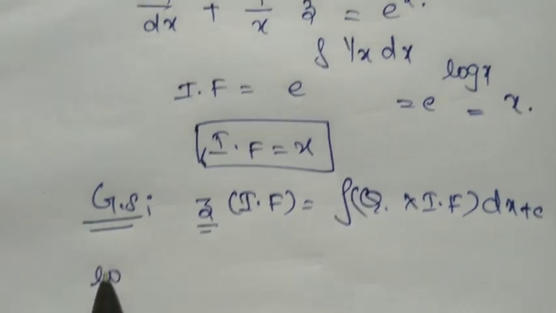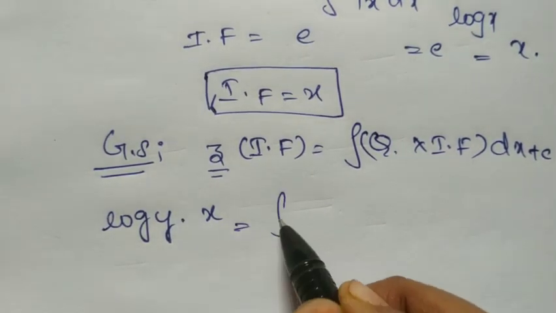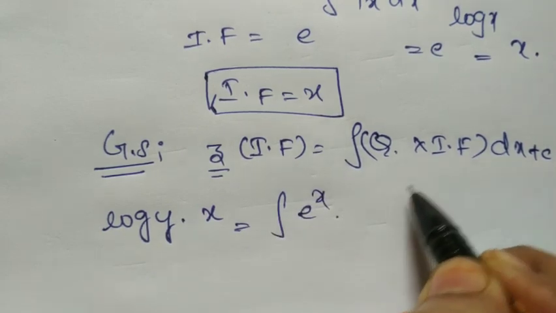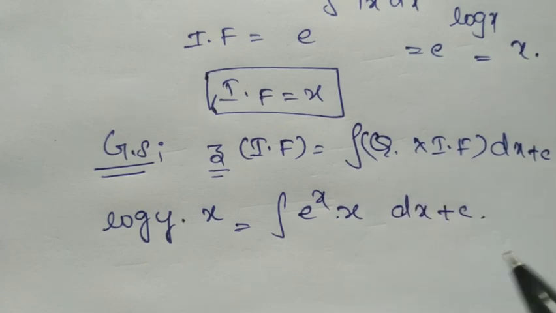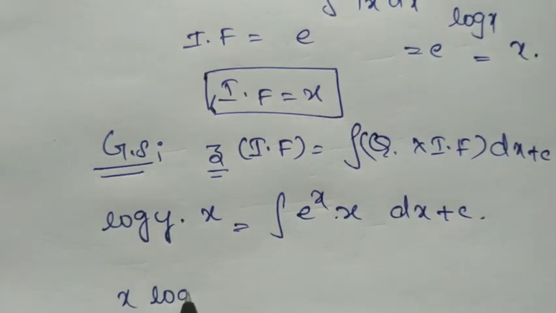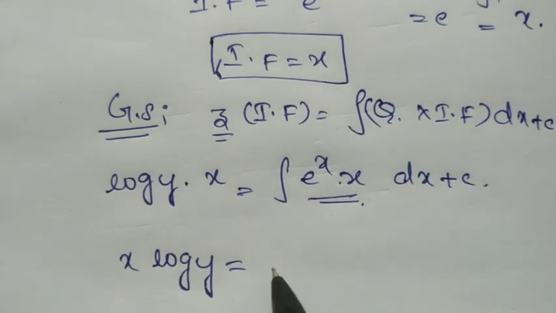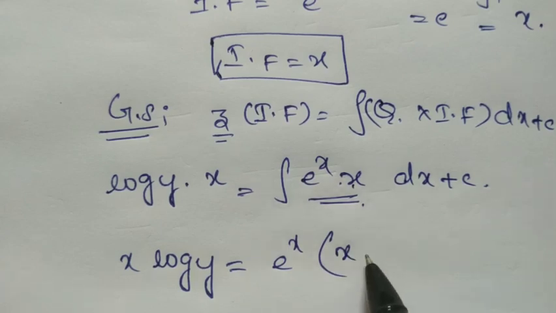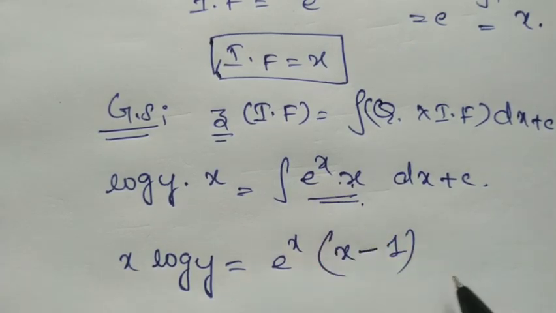So z equal to log y, integrating factor is x, and q value is e power x and integrating factor x dx plus c. So x log y equal to integration of x e power x.